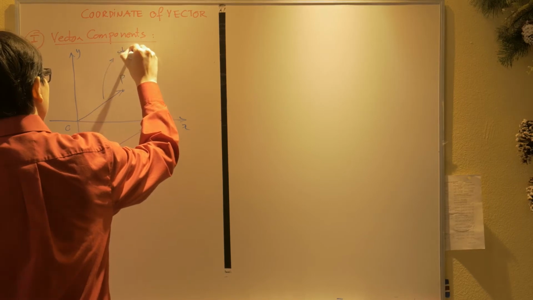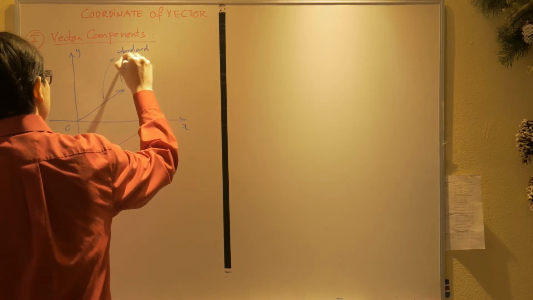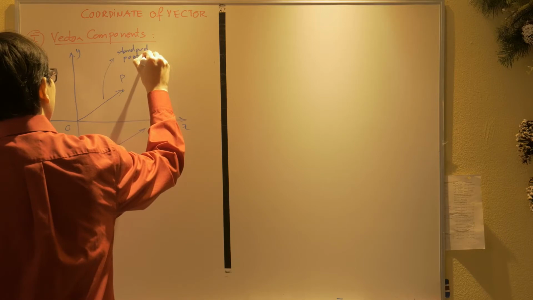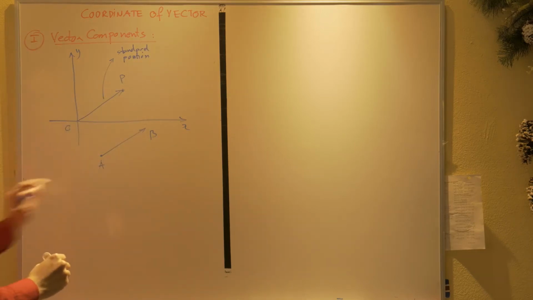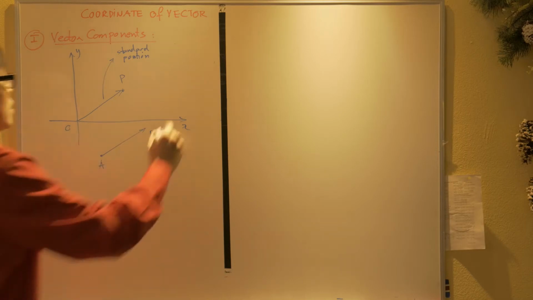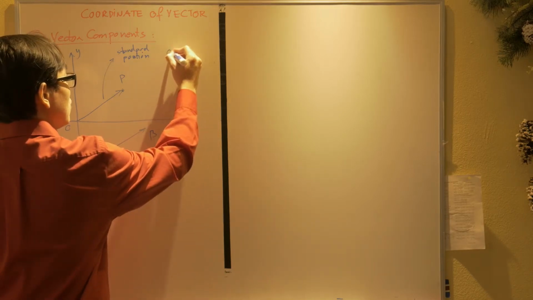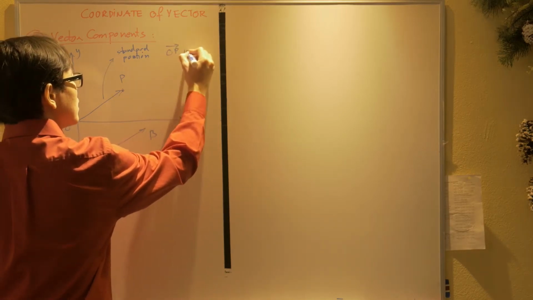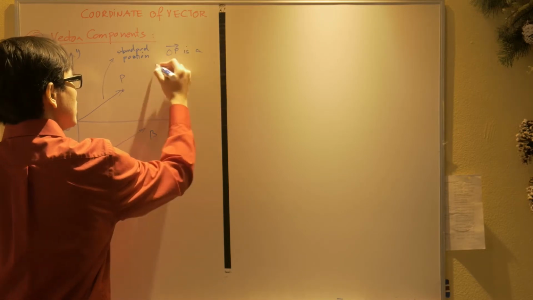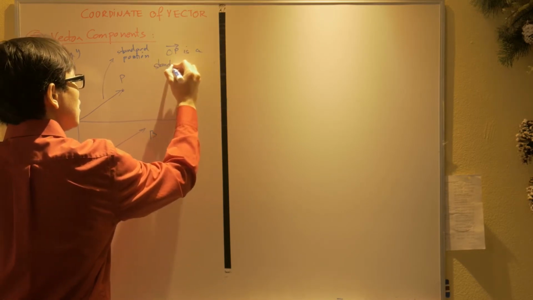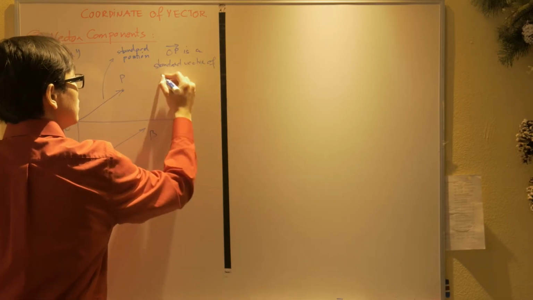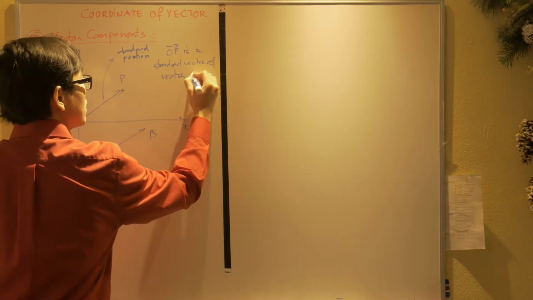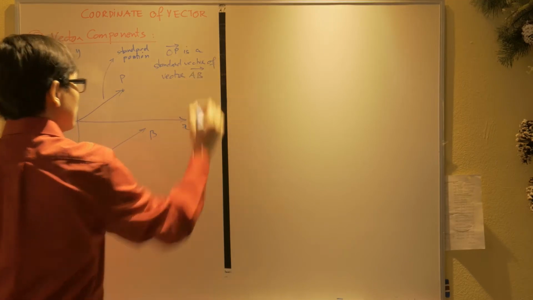And vector OP is called the standard vector of vector AB.